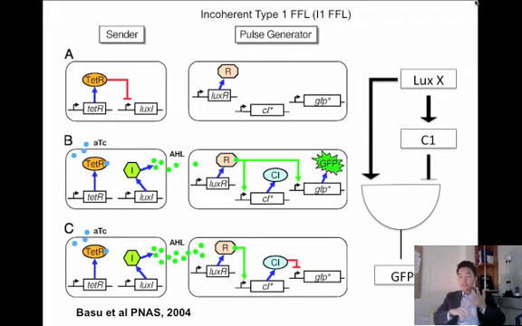So in the first instance, when the signal is present, LuxR activates both GFP and CI, hence you get this outburst of GFP. It's on. After a certain time, when CI has reached a certain threshold level, it starts repressing, so it's off. So you get on and off pulses of a signal.